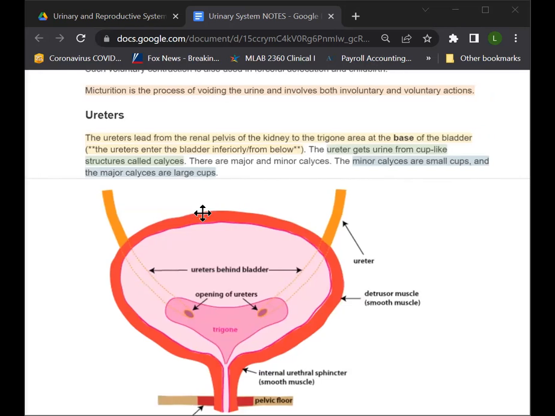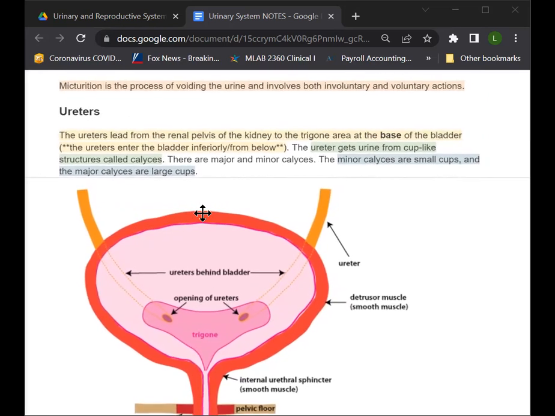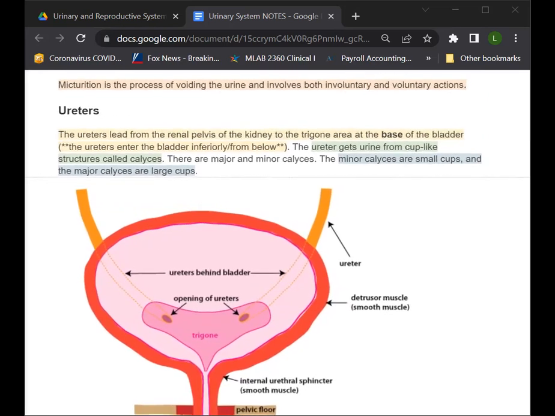Right, the ureters get their urine from cup-like structures called calyces. There are minor calyces and then major calyces.